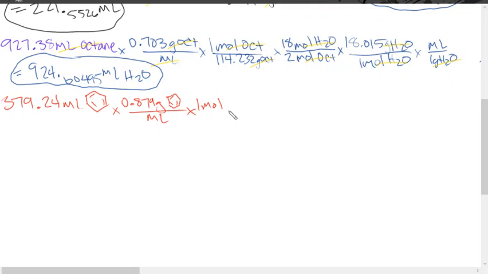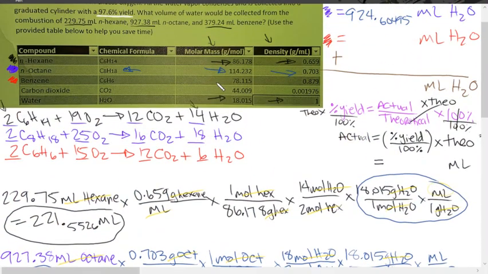But okay, so 1 mole of benzene is 114.323 grams of benzene. And just to show you guys, that's from here. Whoa, I did some wrong math.